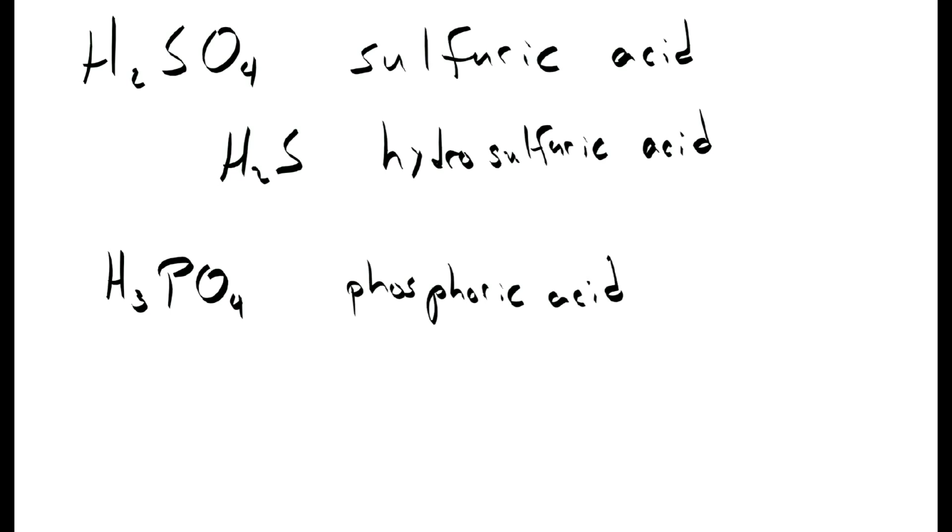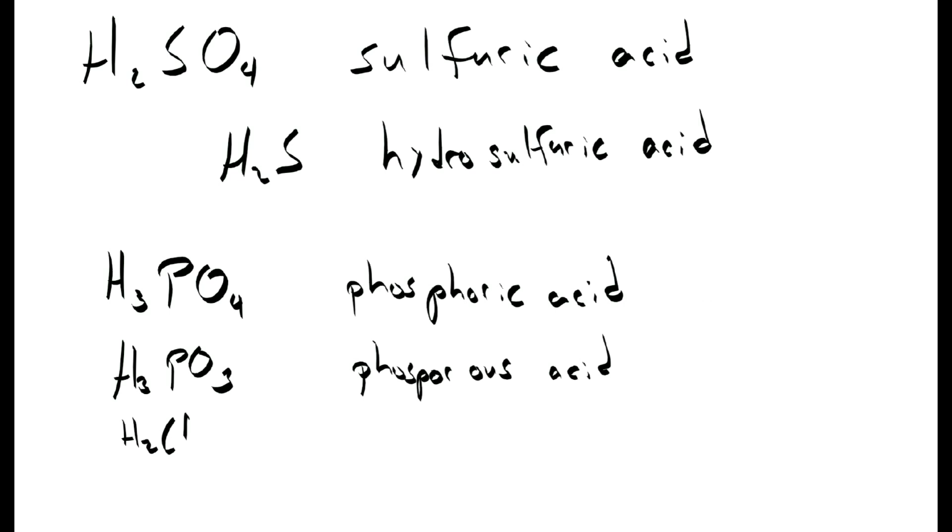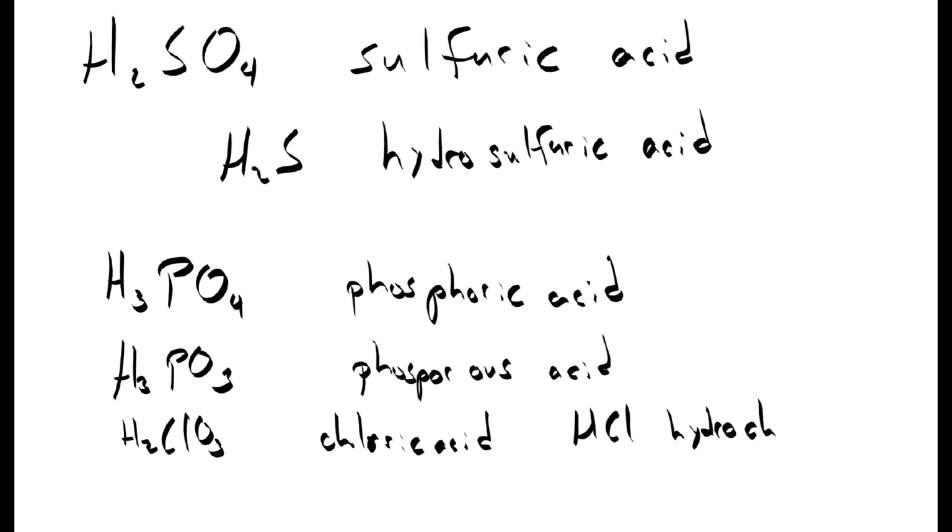And then you could have H3PO3, which would be phosphorous acid. And just to make it clear, HClO3 is chloric acid. HCl is hydrochloric acid.